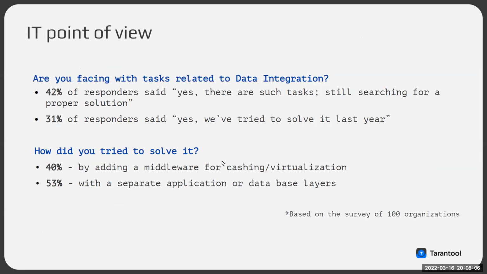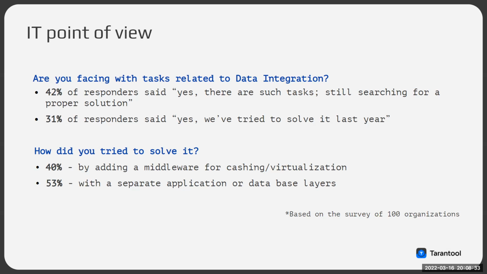From our side, we also ran a survey. It happened one quarter ago, and we talked to the 100 biggest IT organizations in our country, and you may see the responses on our question.